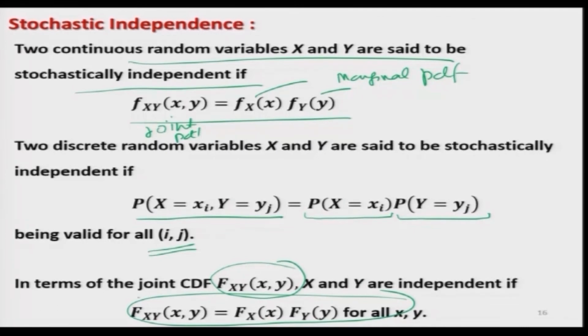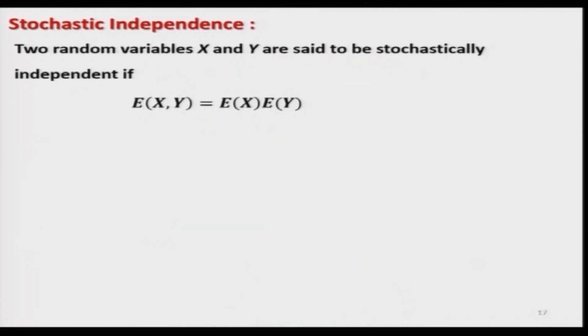So, on the left hand side we have a joint CDF, and on the right hand side we have the marginal CDFs of x and y. So now you can see that here I have given the definition of stochastic independence using the PDF as well as the CDF.